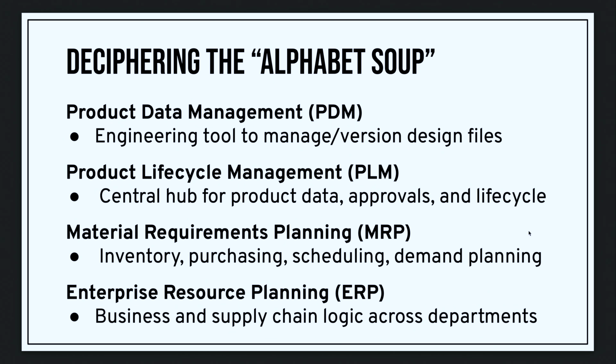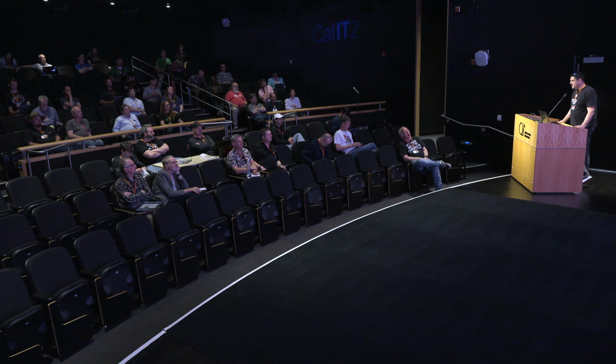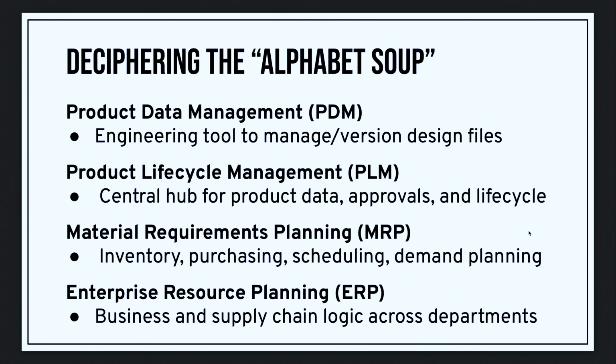To give a very quick explanation of what some of these things are: product data management, PDM, is an engineering tool that was originally designed to manage and version design files, specifically mechanical CAD data. Then you've got PLM, which is a superset of that, intended to be a central hub for product data, approvals, and lifecycle management.